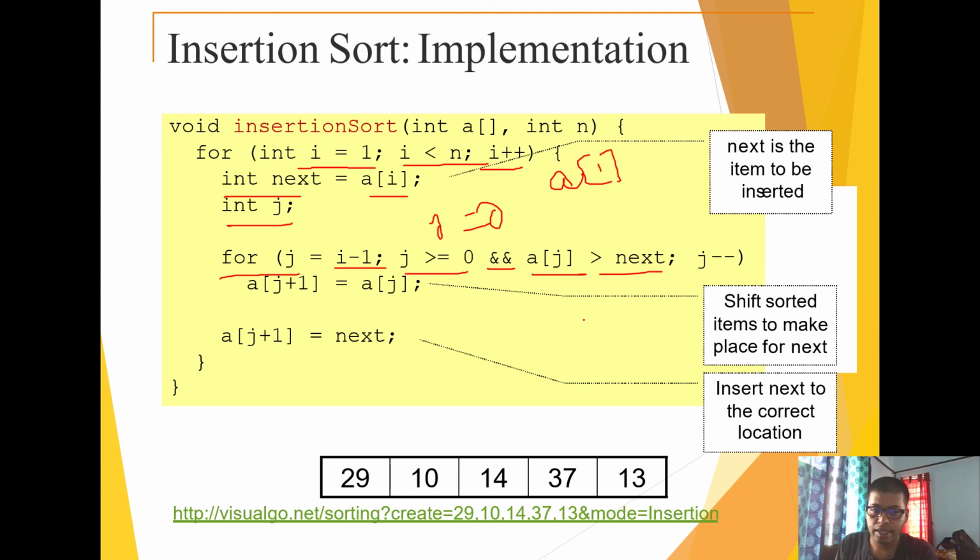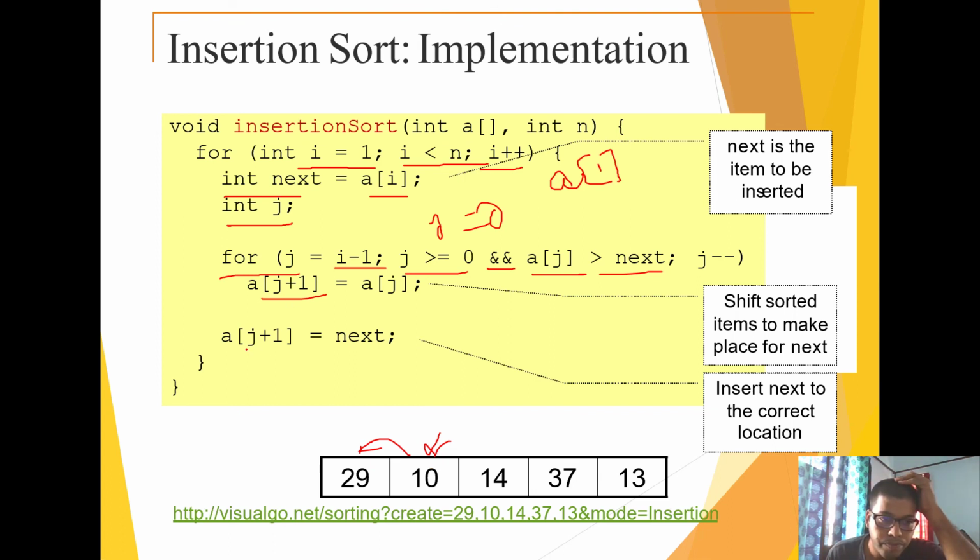So a[j plus 1] means the next position, and it will take the value of a[j]. For example, a[j] is 29, and a[j plus 1] holds 10, so in place of 10 the 29 will be stored.